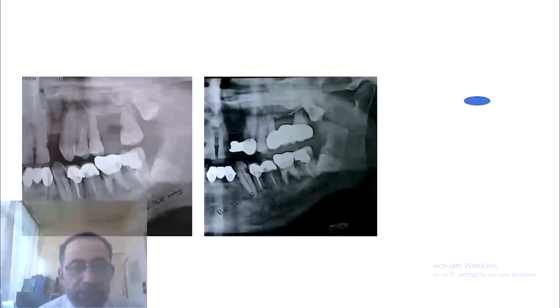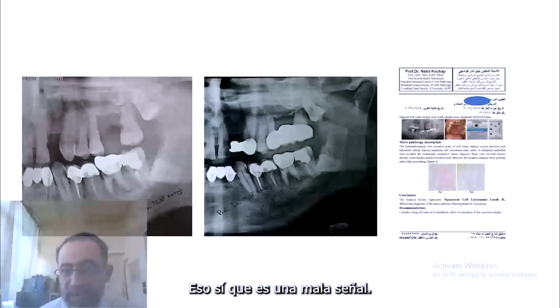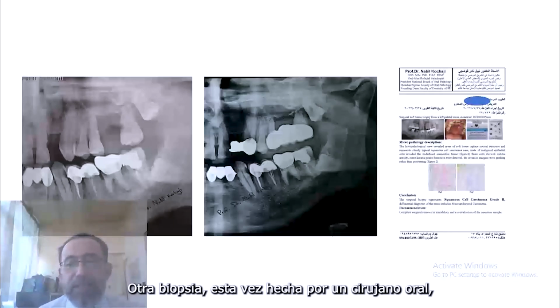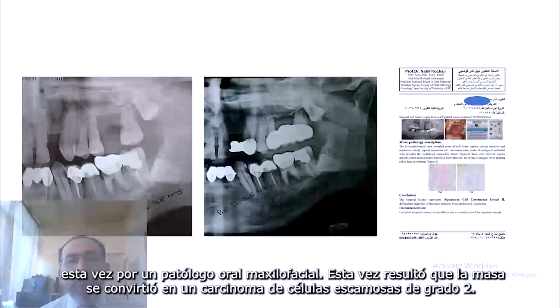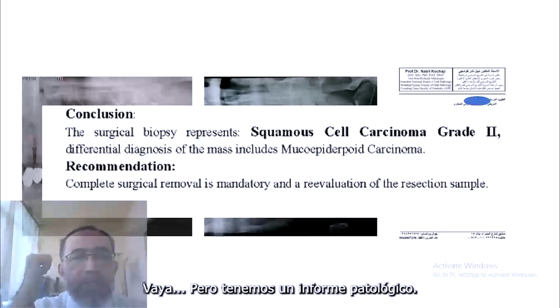We have bridges now, but if you see, the bone is being lost, and that's really a bad sign. Another biopsy, this time from an oral surgeon, this time to an oral maxillofacial pathologist, the mass turned out to be squamous cell carcinoma grade 2. Oops, but we had a pathological report.